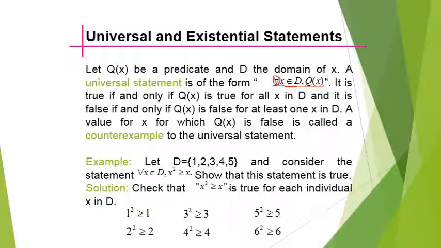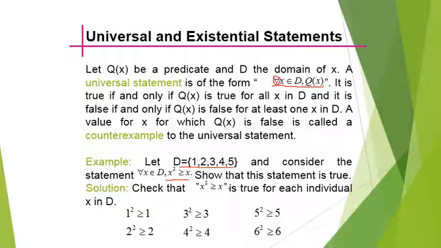So we know that if this universal statement is true, then it is true for all values of X, and X is from this set D. Therefore we will check that X square is greater than or equal to X for all the values in this D. That is, if we take 1, then 1 square is greater than or equal to 1. Yes, it is equal to. Then if we take 2, then 2 square is greater than or equal to 2.